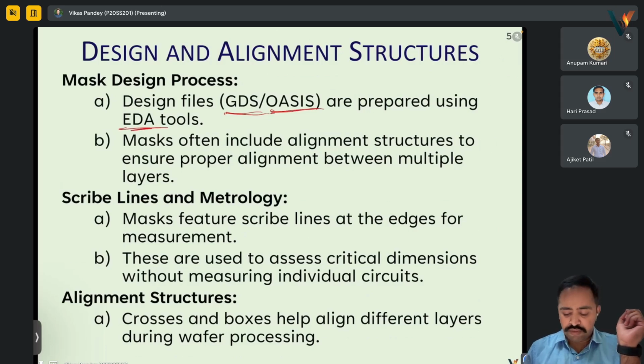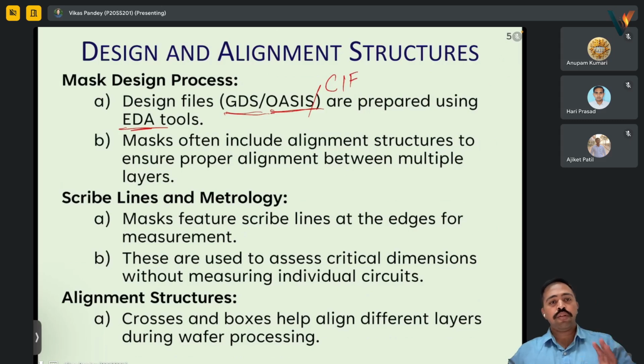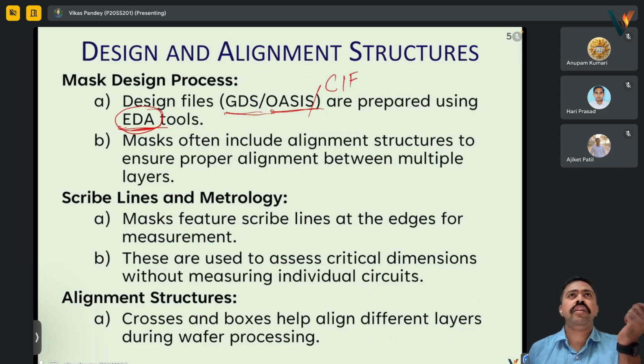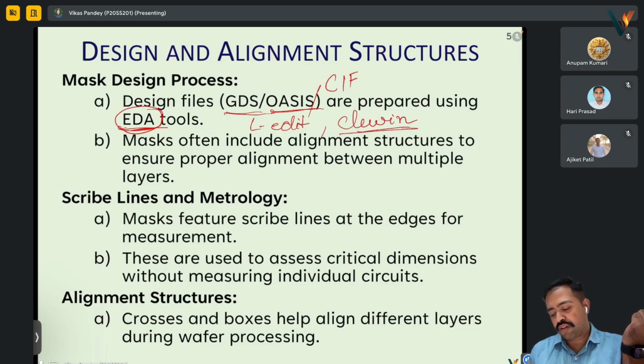There is one more format, CIF, which is commonly used to prepare these mask designs. They are prepared using EDA tools. Some of the EDA tools that I am familiar with are L-Edit from Tanner Tools, and Calvin is one very common tool. Such tools are used to create these patterns.